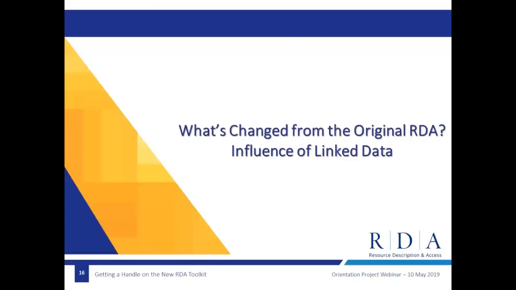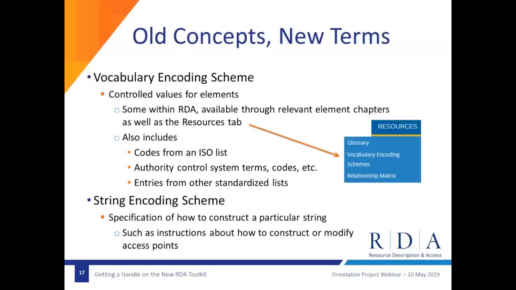So what's changed from the original RDA in terms of positioning RDA for linked data? This was one of the goals during the 3R project. We recognize that RDA needs to be used in several different implementation models, but we wanted to make sure it was well positioned for use in linked data. And so some linked data principles and terminology have come into play in the new toolkit. First is the vocabulary encoding scheme.